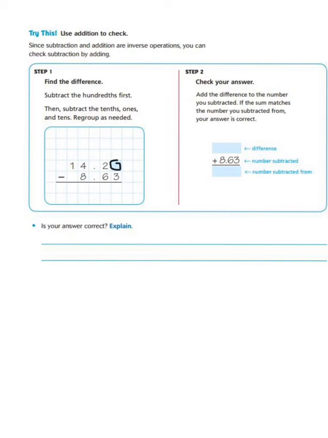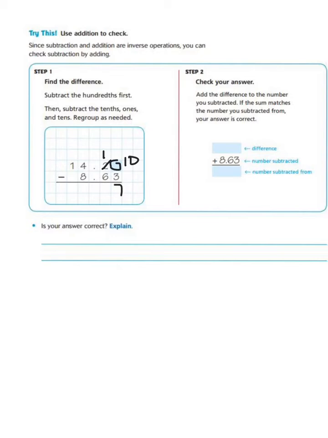So now we have 0 minus 3. Well, we know we can't do that since the 3 is bigger than the 0. So we are going to have to regroup. So we come over to our 2, we're going to make that a 1, and our 0 becomes a 10. So 10 minus 3 is 7.